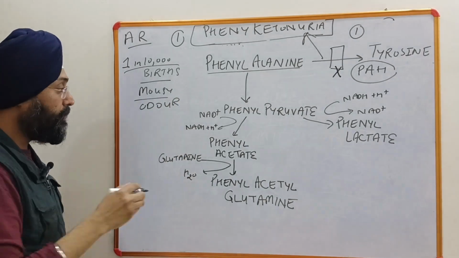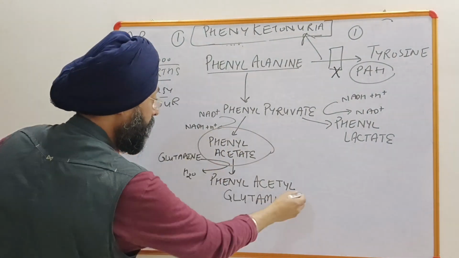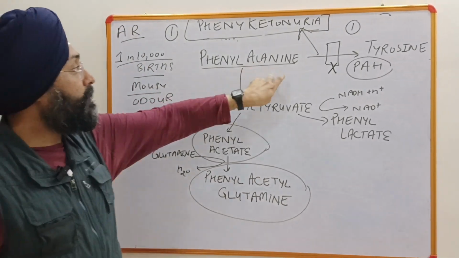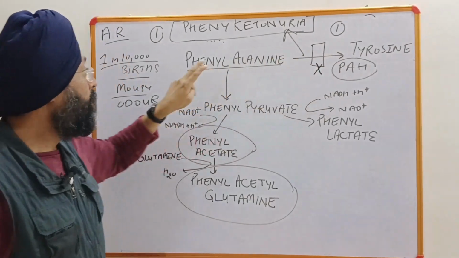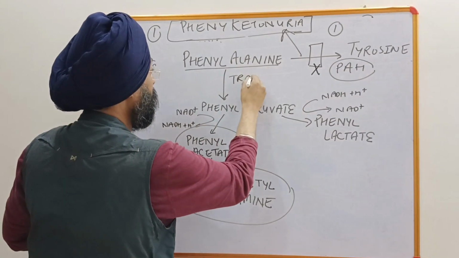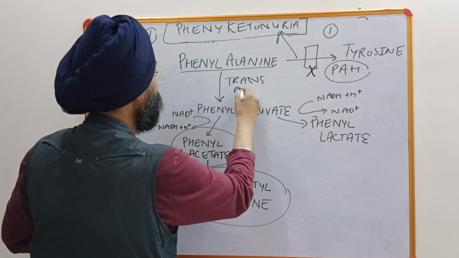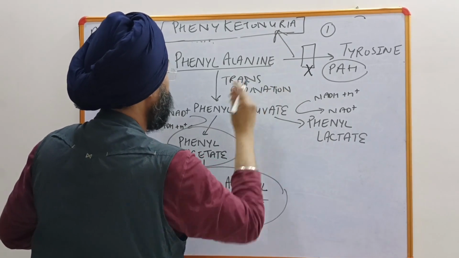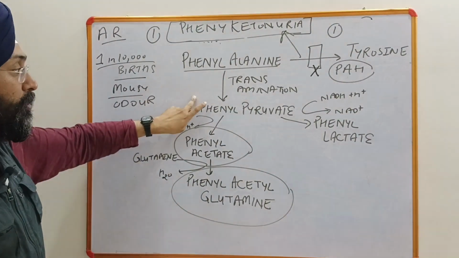So the mousy odor is because of phenyl acetate and phenylacetyl glutamate. Since this pathway is blocked, phenylalanine undergoes transamination, right? Transamination to form phenyl pyruvate.